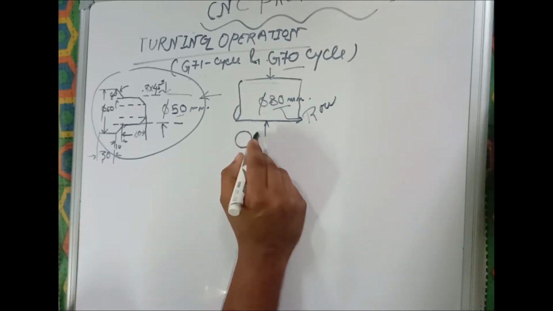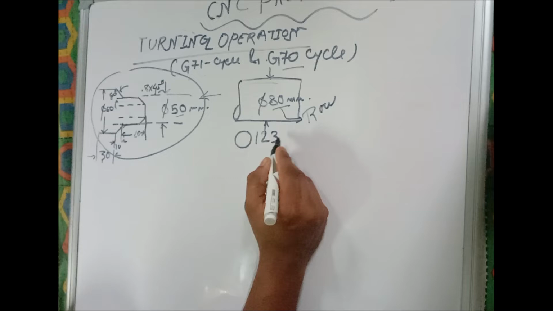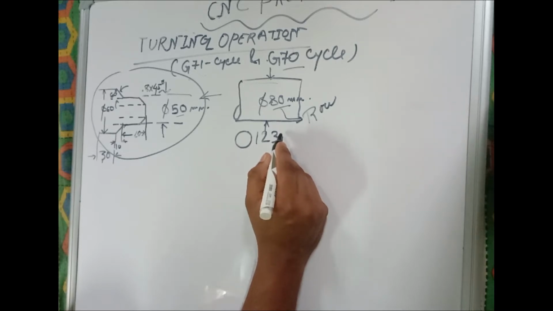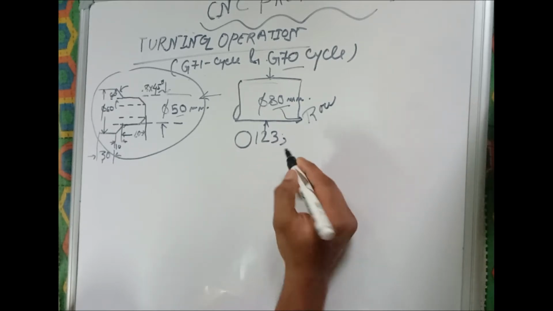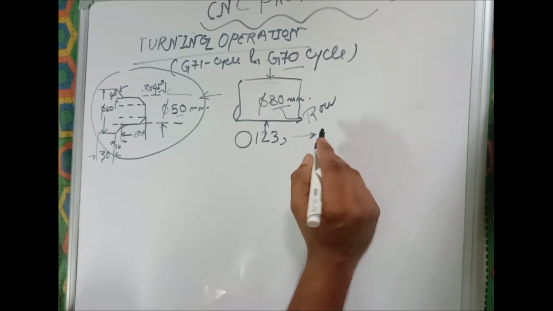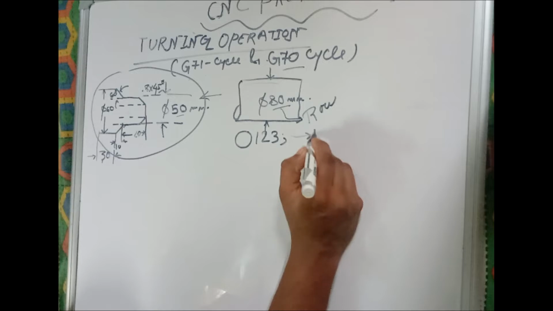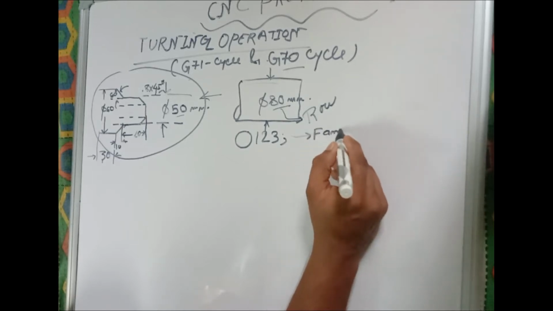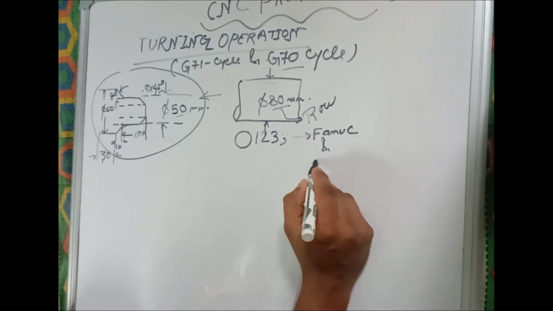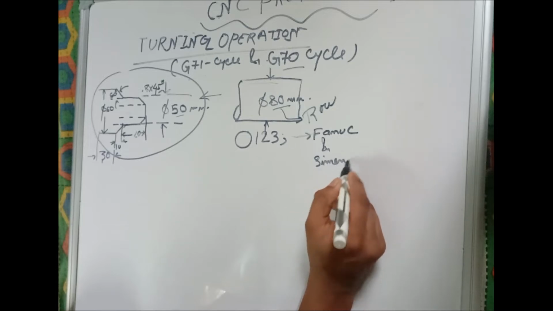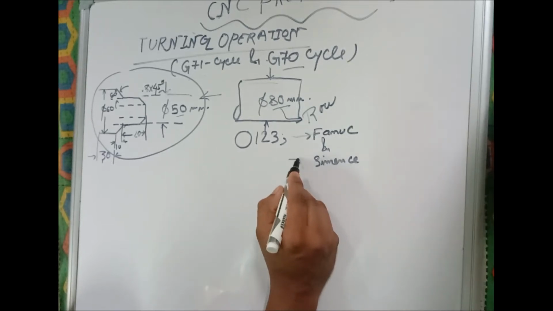Suppose the program is 123, and at the end of it we have to give end of block. For Fanuc controller machines and for Siemens, we will use different codes.